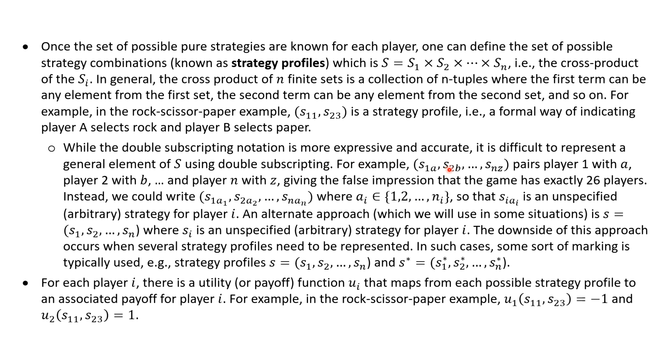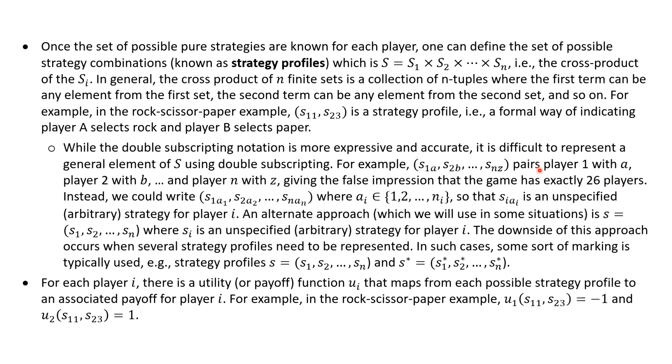So for example, if we went with this style here where we use letters, then this pairs player 1 with strategy A, player 2 with strategy B, and so on up to player N with strategy Z, giving the false impression that the game has exactly 26 players.